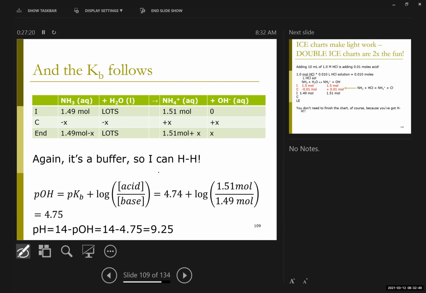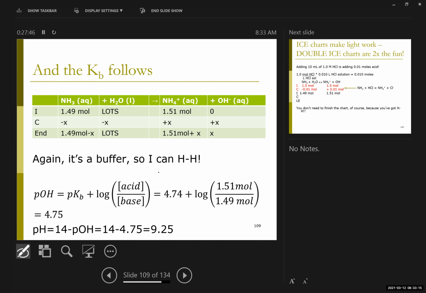And so I did. I mentioned when I first threw that out there that I hate that little shortcut, but it has one place where it's useful. This is where it's useful. Because I've got a buffer, and the whole point in using a buffer is to prevent the pH from changing, which implicitly means there's something else being added.